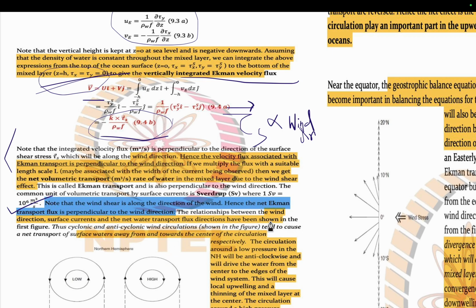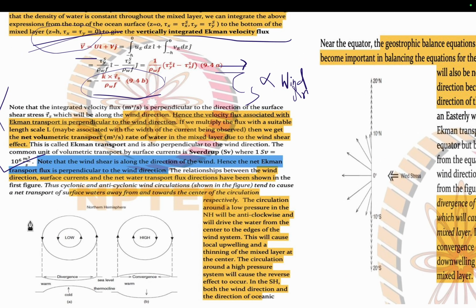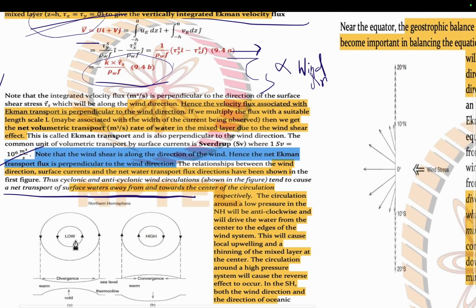The relationship between wind direction, surface current and the net water transport flux directions have been shown in the first figure. Here in this figure you can see cyclonic and anticyclonic wind circulation tend to cause the net transport of surface water away from or towards the center of circulation respectively. In the northern hemisphere, when there is a cyclone, there is a low pressure front here and high pressure here.